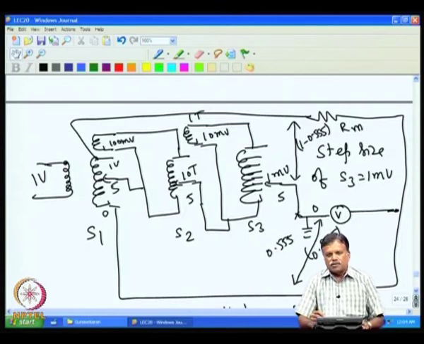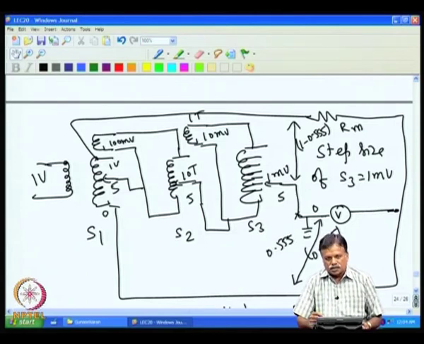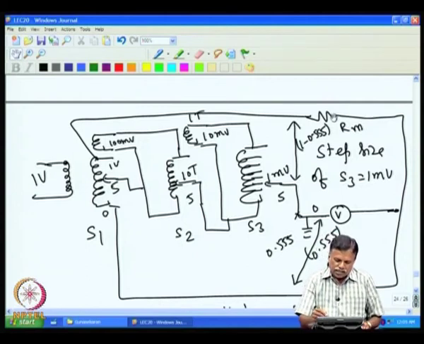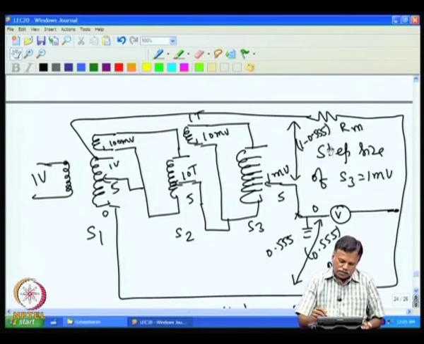So, this method is very accurate. One can go to parts per million level of accuracy in resistance measurement, particularly high resistance measurement. Of course, this bridge can be used for medium level resistance. For example, for 1K, 10K level of resistance, if I want to compare, I can compare and get it accurately.